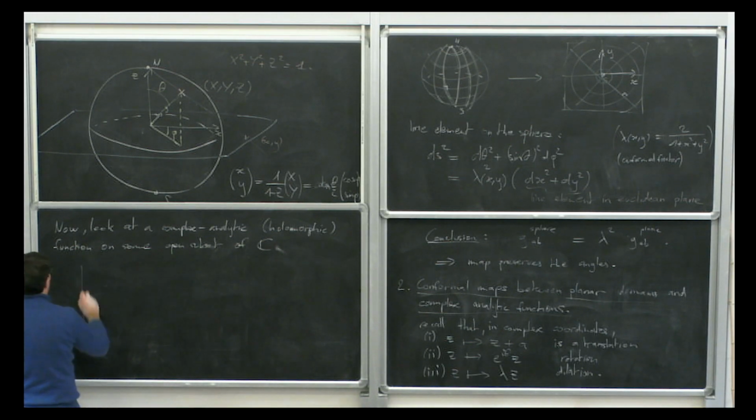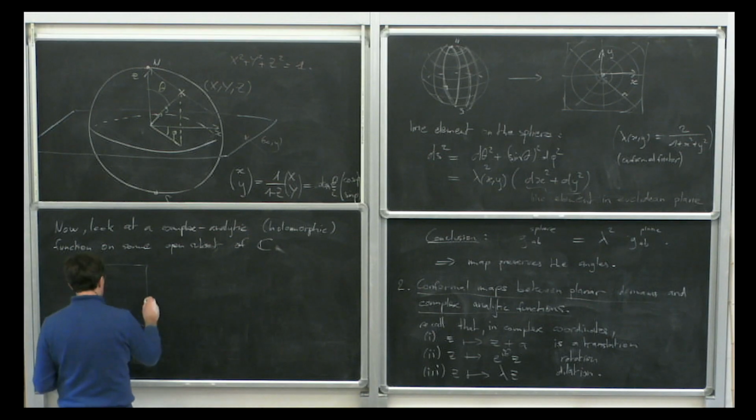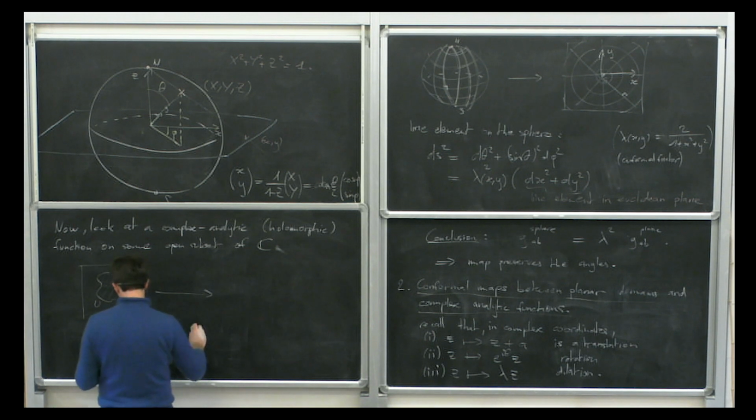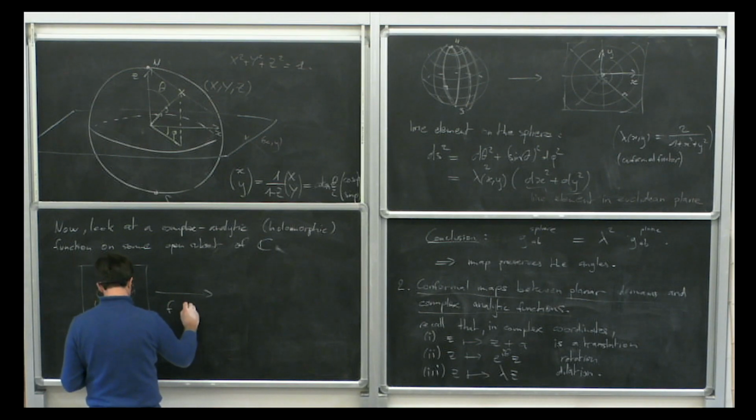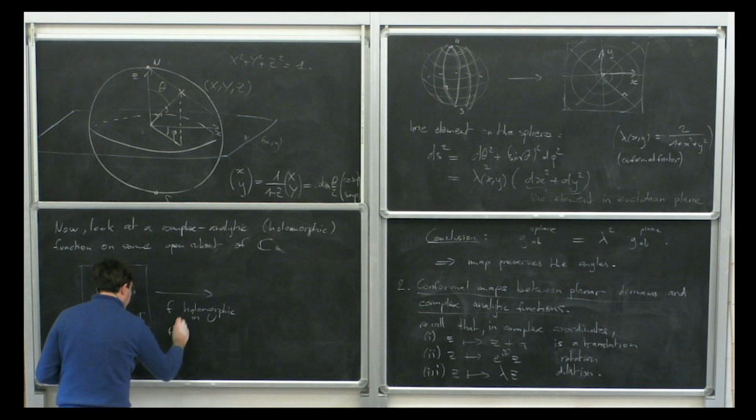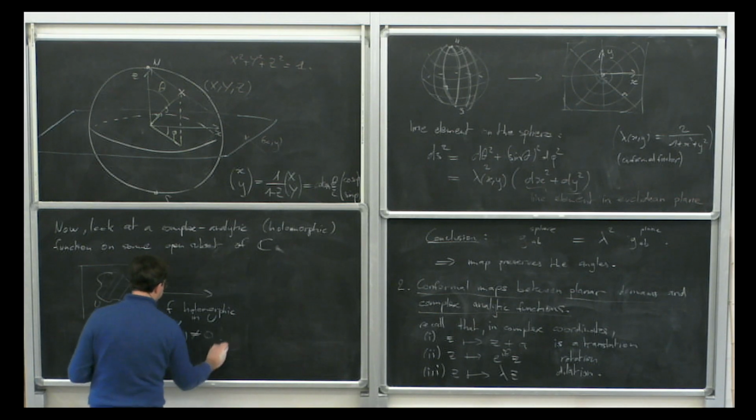So what we have in mind is something like this. We have the plane, that's the complex plane, C. We are looking at some neighborhood here, some region here. Let's call this U. And we map this with some function f that is holomorphic in U. And on top of that, f prime of z does not vanish.